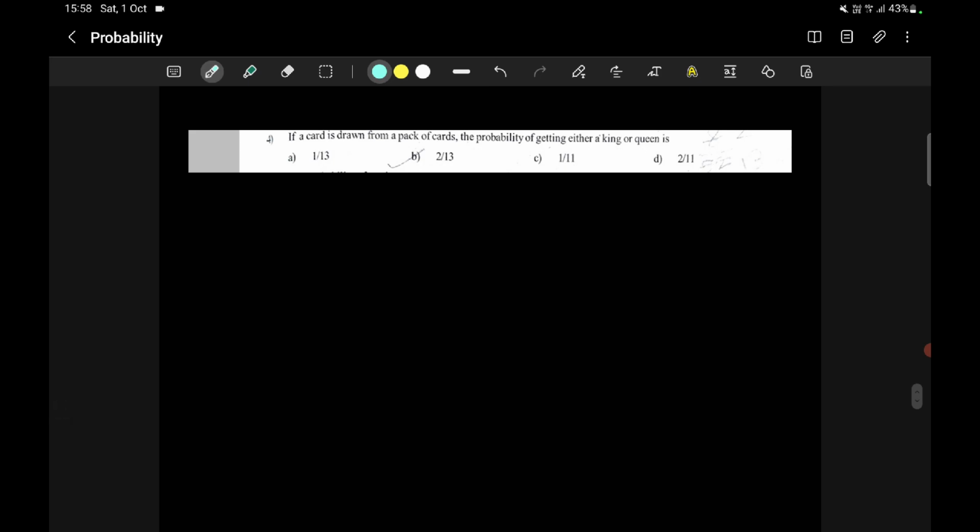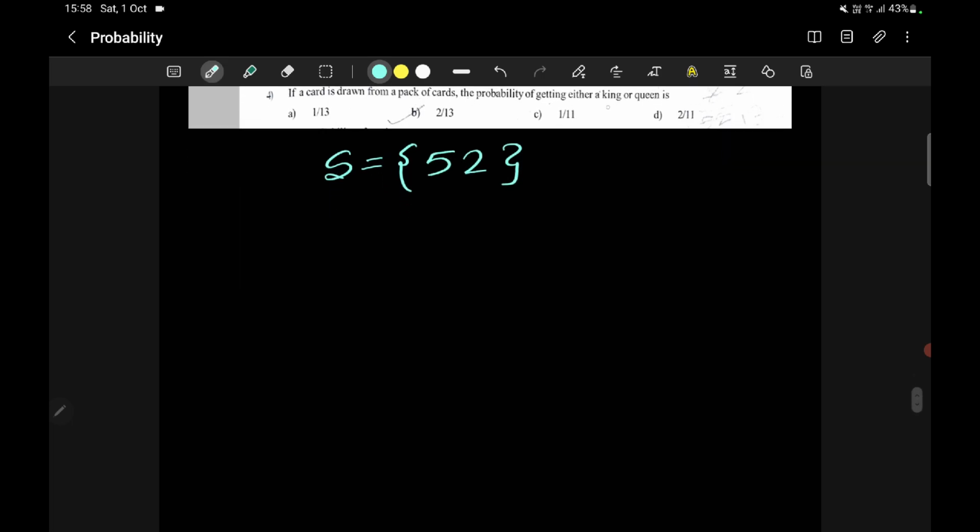Now we'll solve this. If a card is drawn from a pack of cards, the probability of getting either a king or a queen is. So our sample space will be a total of 52 cards in a pack. Therefore, for the probability of getting a king or queen, there will be 4 kings and 4 queens in a total of 52 cards. So 4 plus 4 is equal to 8.